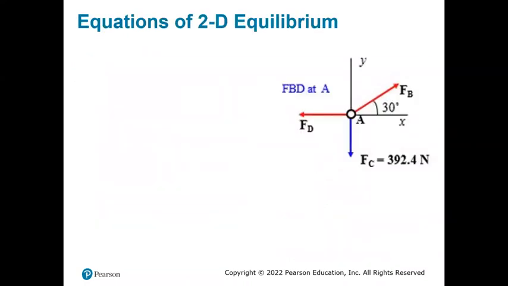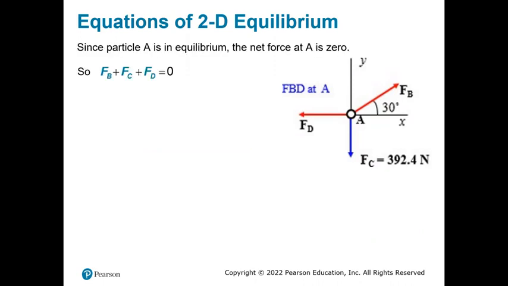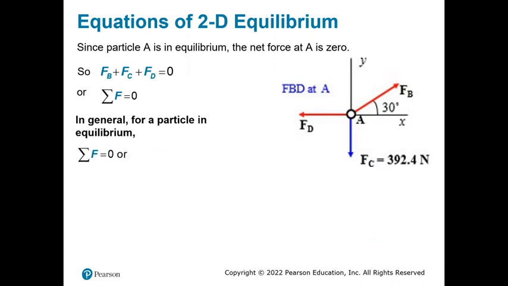So once I know the forces, I should be able to find out the unknown ones. Since this particle is in equilibrium, we need to write all the vectors for the forces, and their sum is equal to 0. So in general, if you know the particle is in equilibrium, the components are going to be 0. That means all the forces acting horizontally are 0, and all the forces acting in the vertical direction are 0.